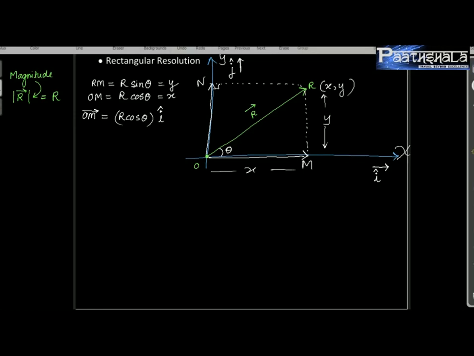That is the use of unit vectors. They are heavily used to represent direction. Similarly, vector MR is given as r sin theta j cap.